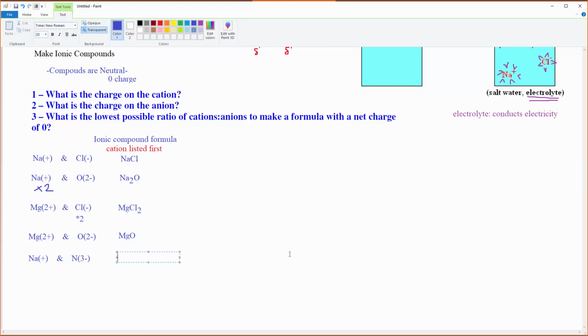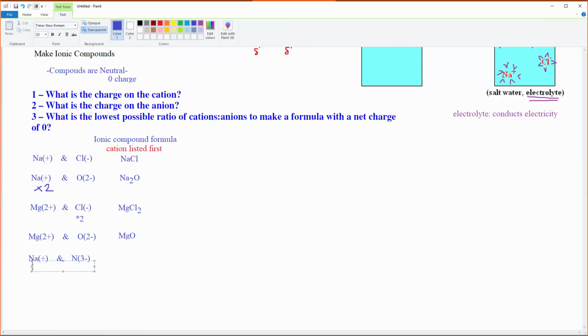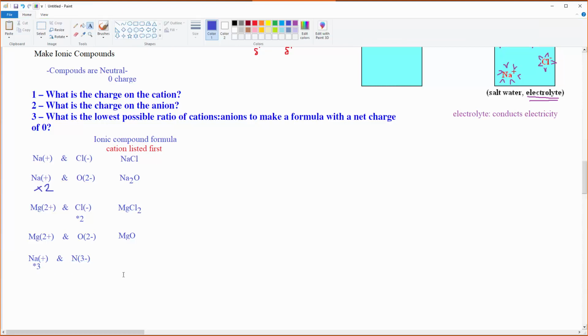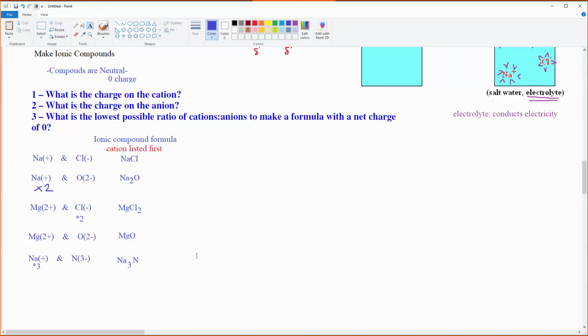No, you just need 3 sodiums, right? We're going to multiply this by 3, because 3 times +1 is going to give you +3. That's going to cancel out the -3 over here. So you're just going to have Na, and we're going to put a little 3 down here, Na3N. You guys still with me? Does that make sense?